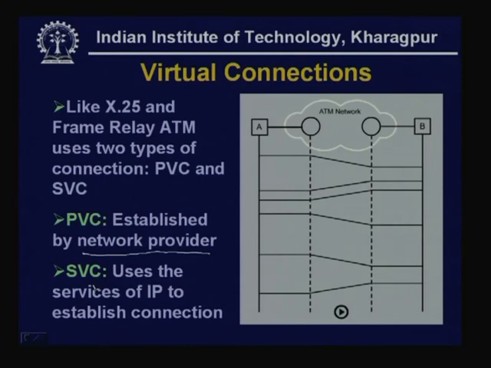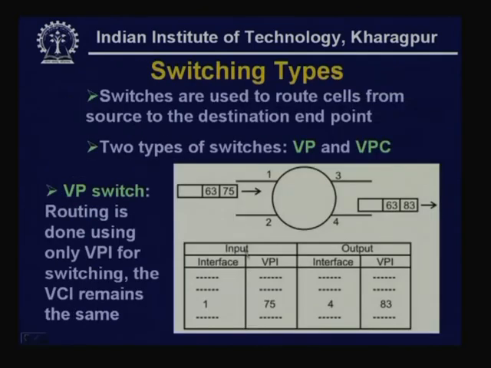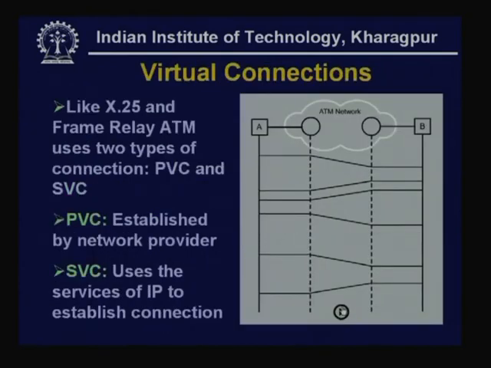On the other hand, in case of switched virtual circuit, ATM has got no network layer, so it has to take the help of one upper layer. For example, internet protocol is a network layer protocol, that the ATM has to take the help of to set up and establish the connection, and at that time those VPI and VCI are defined. Let us see how exactly it happens.